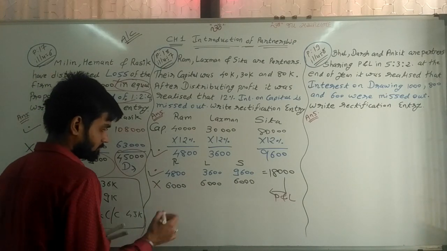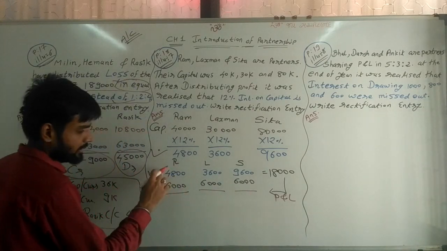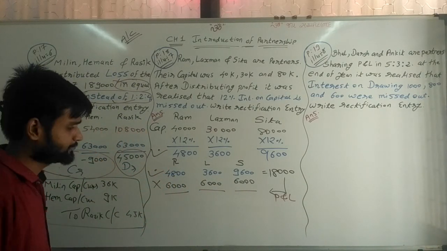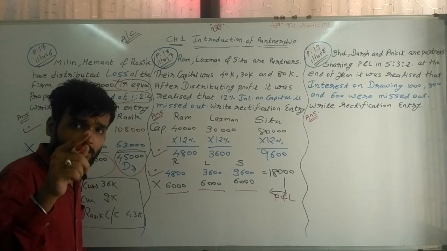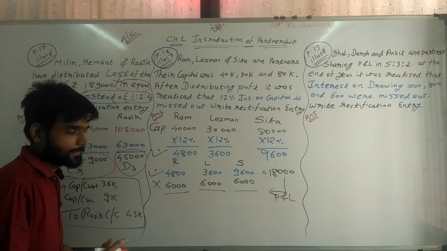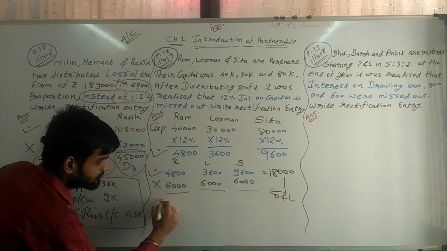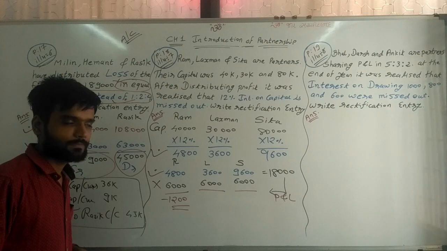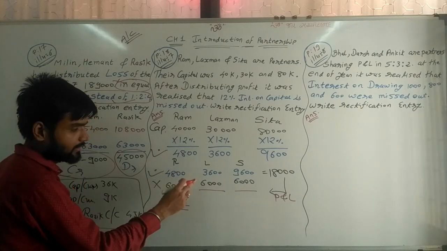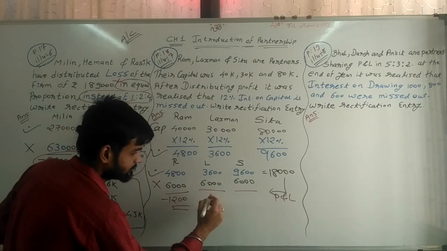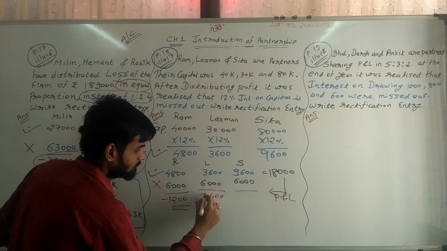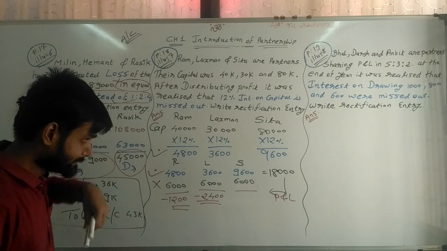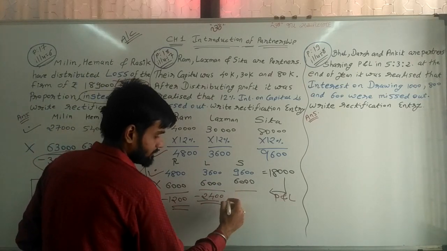Now the difference of both: 4,800 minus 6,000. The answer is minus 1,200 rupees. 3,600 minus 6,000 is minus 2,400, and here 3,600 rupees plus.